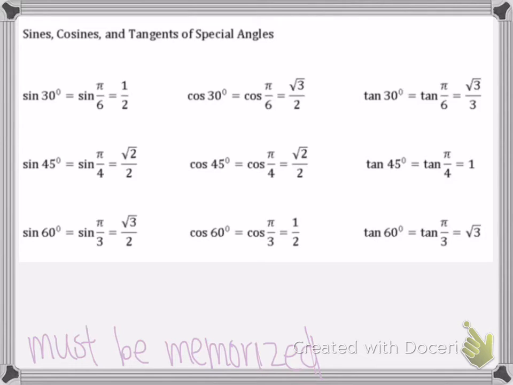We also found the sine of 45, cosine of 45, and tan of 45. Okay, all of this must be memorized. You must know the degrees as well as the radians, as well as what it all equals. Okay. And this is where part 1 of this video will conclude.